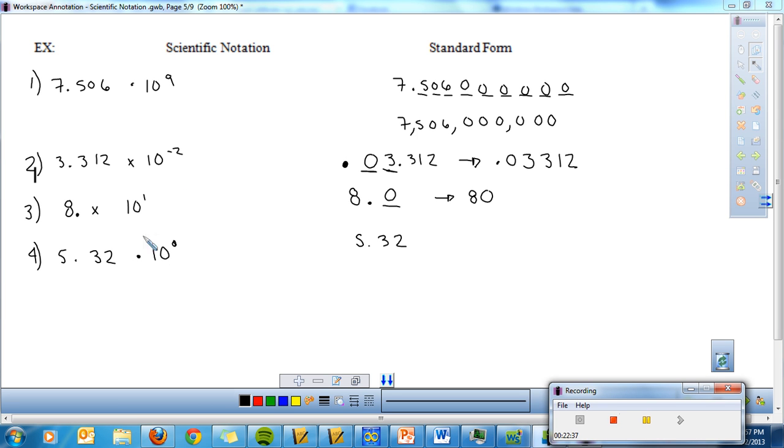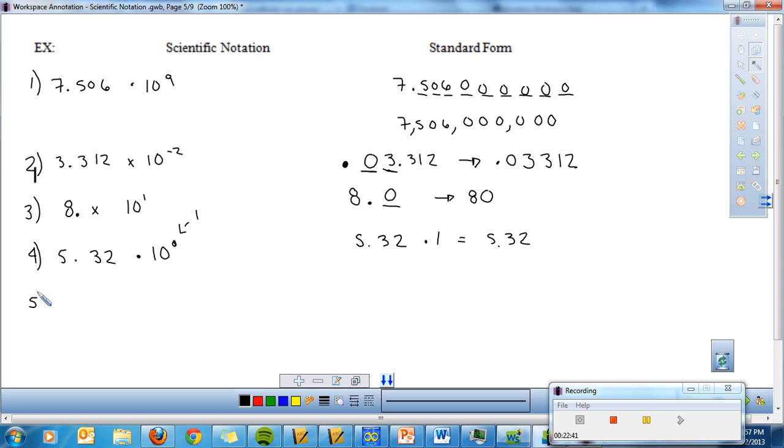Well, we have 10 to the 0, and 10 to the 0 is just 1, right? We know that this is 1. And so this is really just like 5.32 times 1, which is just 5.32. So anything times 10 to the 0 is just going to be that number itself.